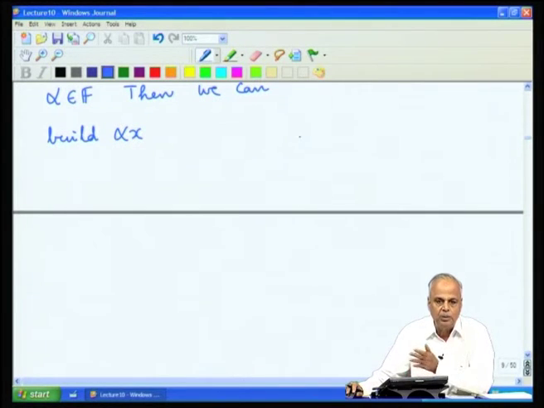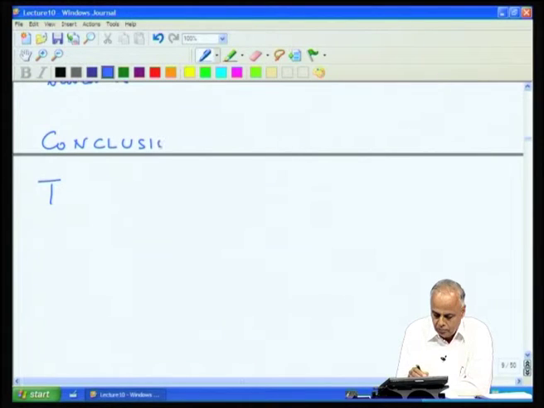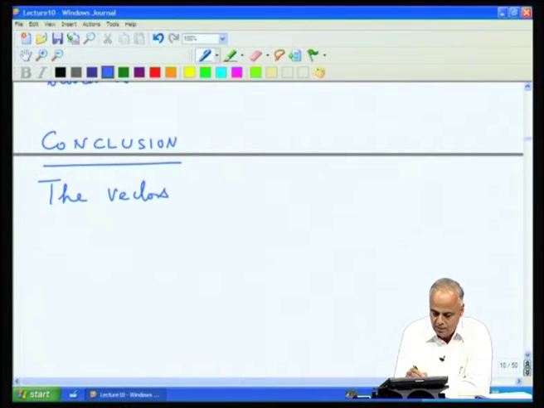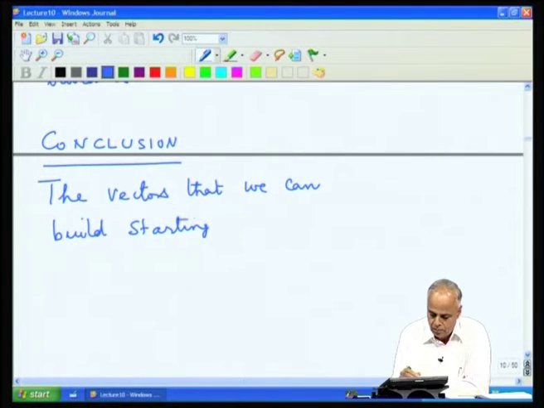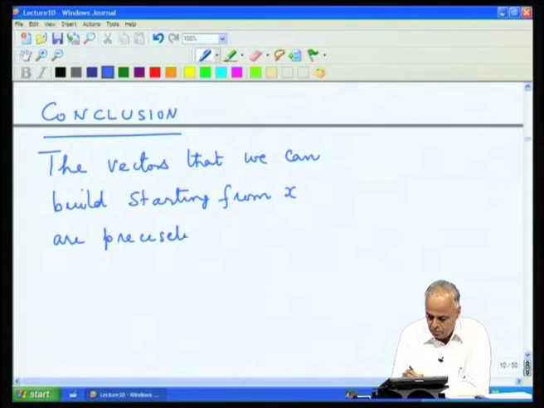So, addition can also be subsumed in this scalar multiplication. So, the conclusion is the vectors that we can build starting from x, again using only the vector space operations of addition and scalar multiplication, are precisely the scalar multiples.